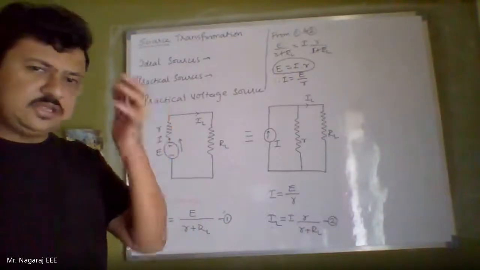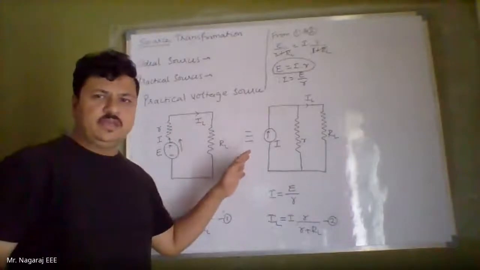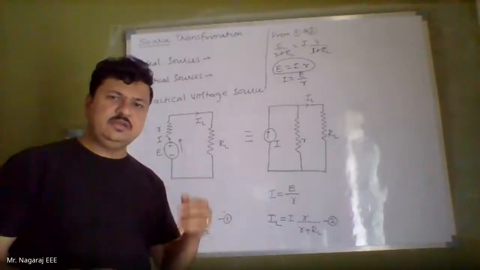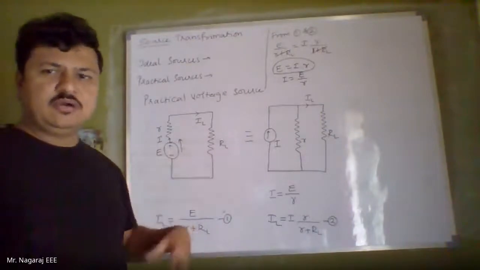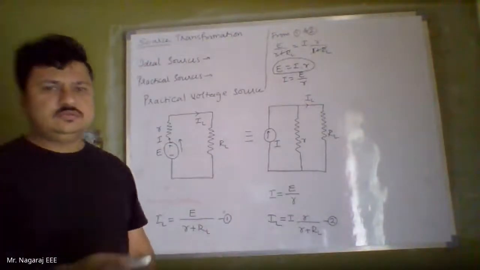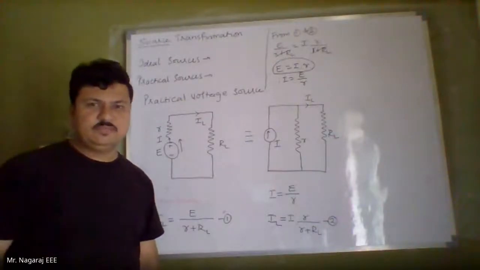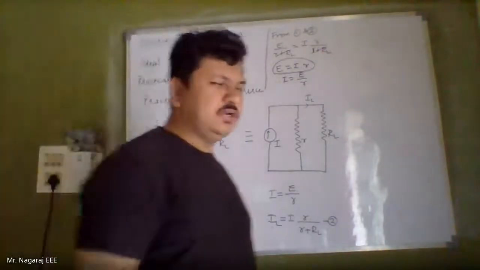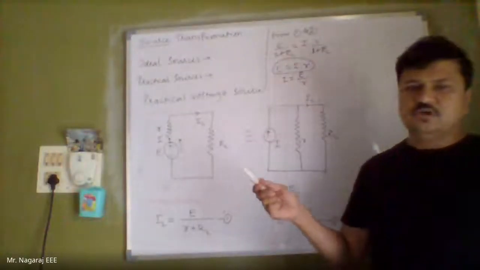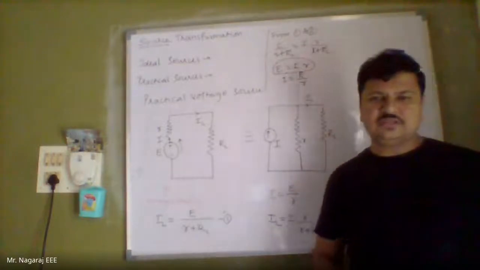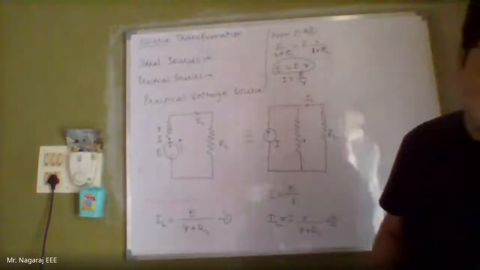If any resistance comes in parallel with a current source, I consider that resistance to be the source resistance or internal resistance of the source, and I go for the source transformation. We will usually do this. It may not be mentioned every time that source 1 has so much internal resistance, source 2 has this much internal resistance, and so on.